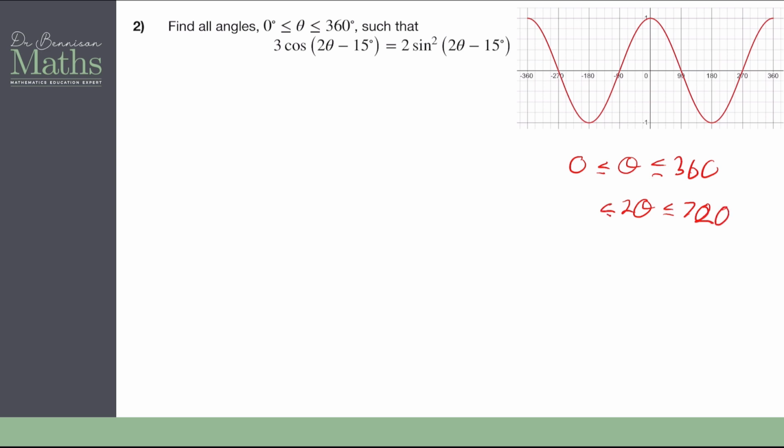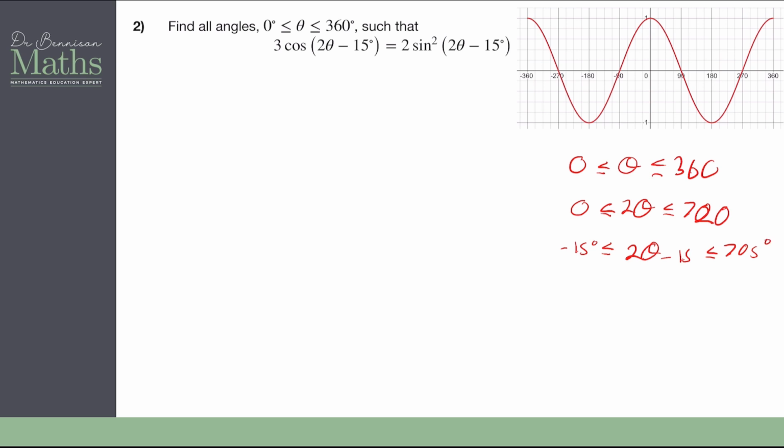So 2 theta minus 15 will be between negative 15 and 705 degrees.